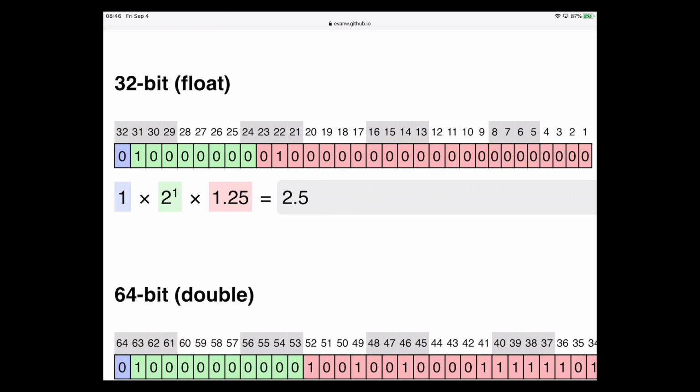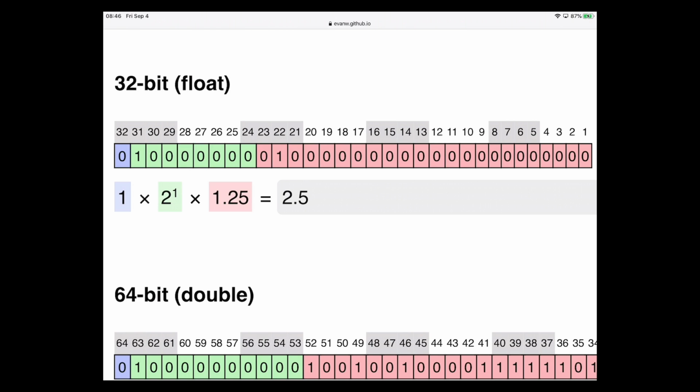Well, what's the exponent's true value? 1. But what does that look like? 128, because of the bias. It's 8 spots, not 9. So the exponent looks like the number 128, but that's 127 bigger than its true value. The bias is 127.